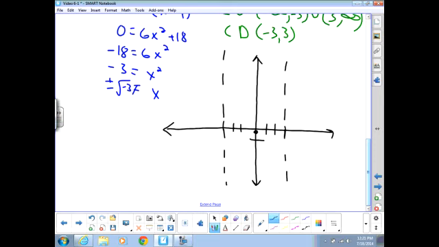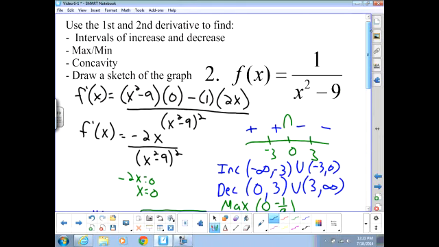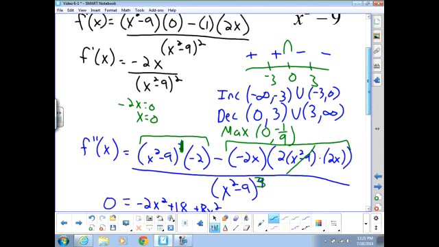When we plug in really huge numbers, both positive and negative, into our original, because it's squaring, they'll both end up in the denominator as really large positive numbers minus 9. Well, 1 over a really large positive number is a really, really small positive number. So both to the left and to the right, our horizontal asymptote should be approaching positive 0.